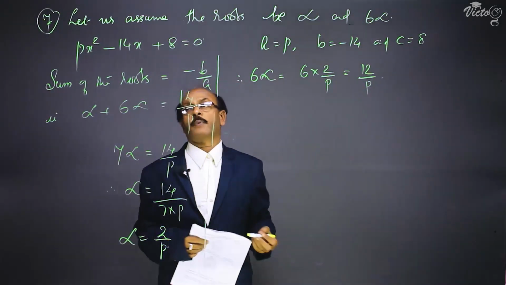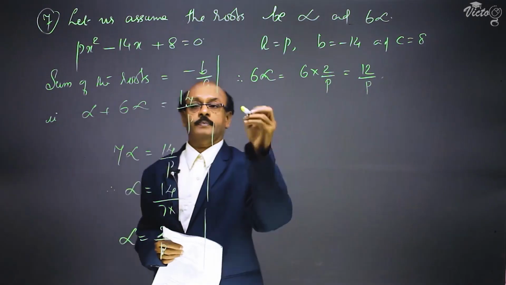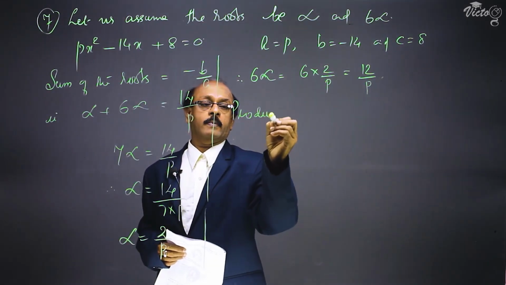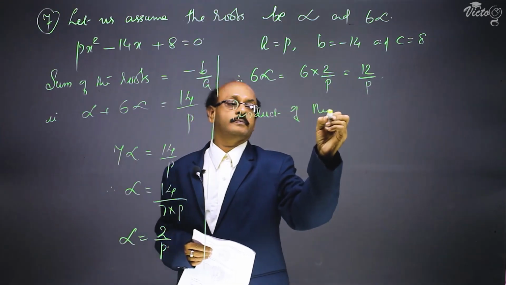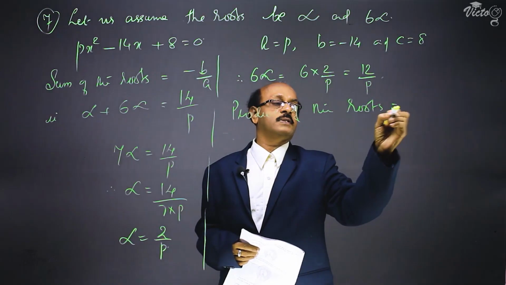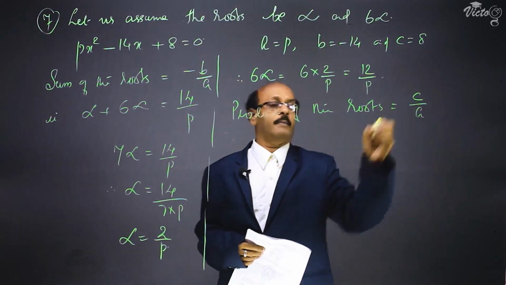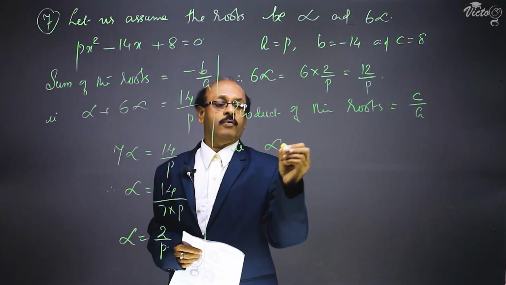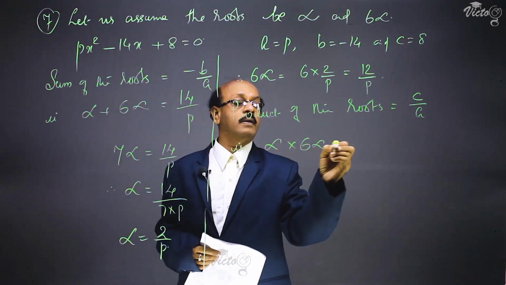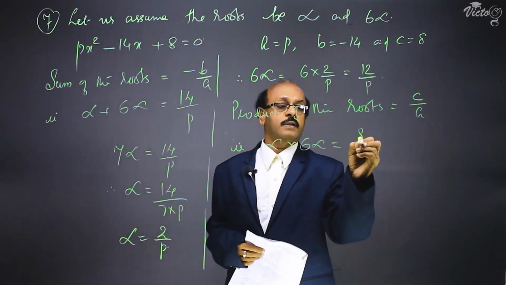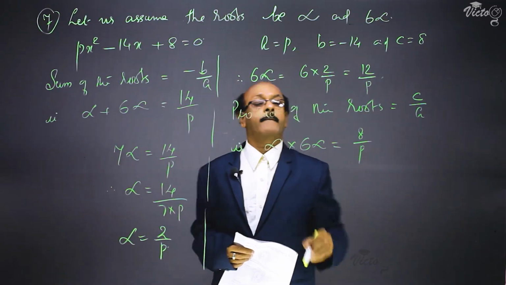Now we can take the product of the roots. Product of the roots is equal to c by a. That is alpha into 6 alpha is equal to the value of c is 8 divided by p.